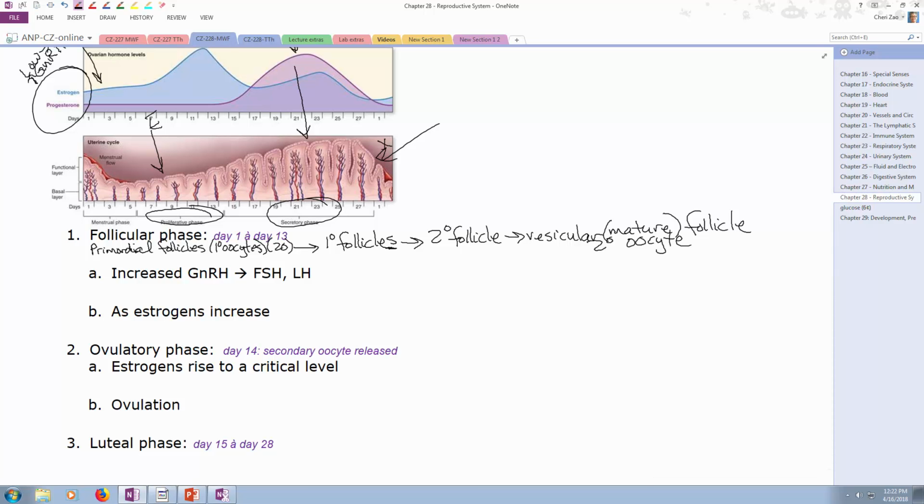So GnRH causes FSH and LH release. FSH is follicle growth and will cause follicle development, which I just talked about up above.